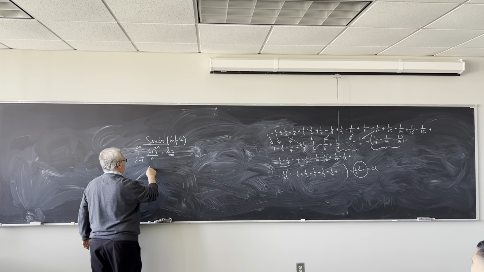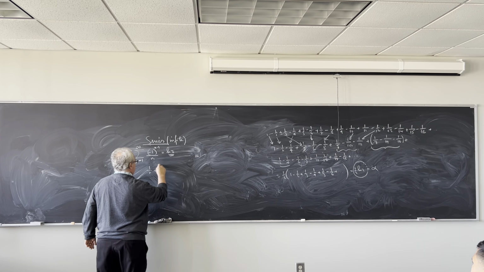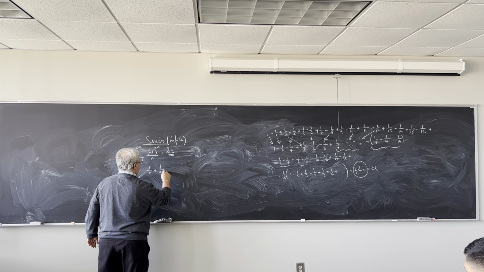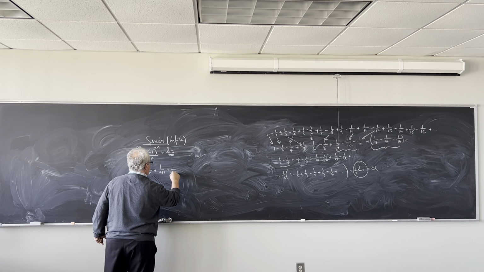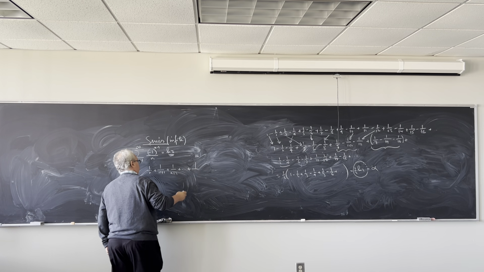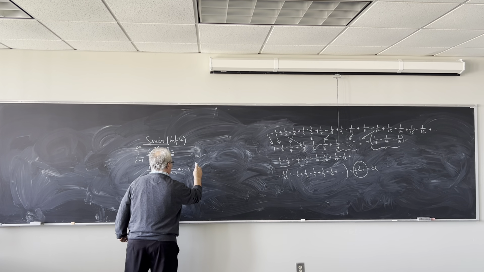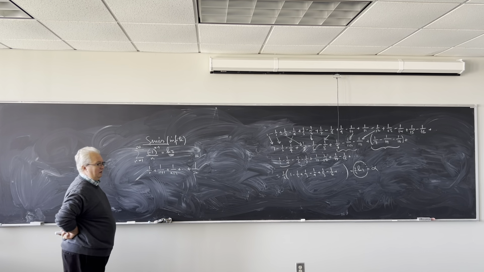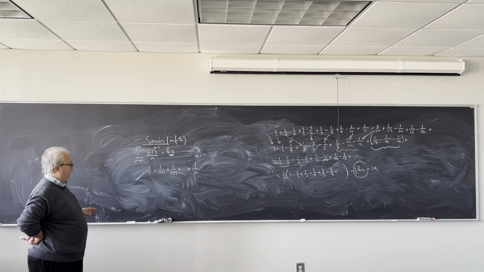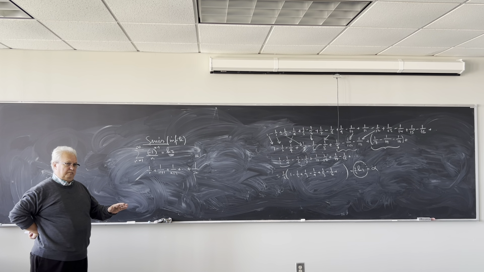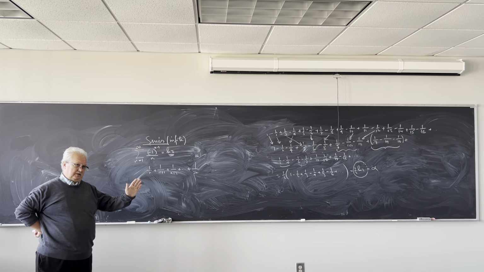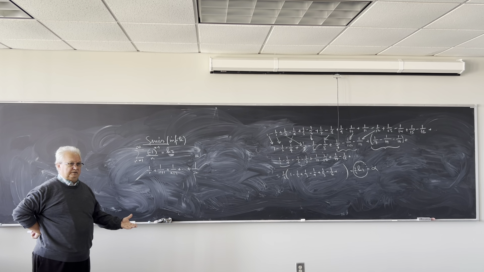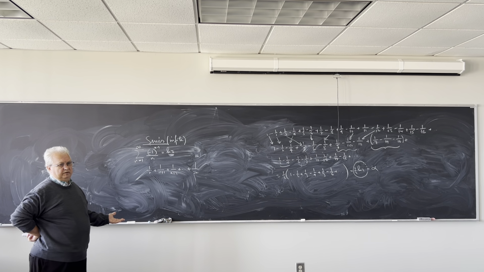Suppose we add 1 over n plus 1 over n plus 1 plus 1 over n plus 2 all the way to 1 over 2n. So we add unit fractions, but we don't add them all together like in the harmonic series. We just add a chunk of them.